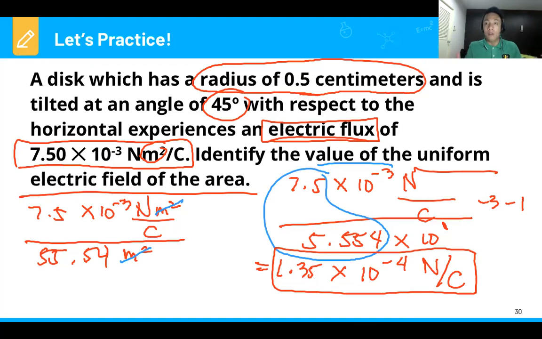Pwede mo namang balibalagtarin yung formula, hanapin mo si area, hanapin mo si electric field, hanapin mo naman si electric flux, diba? Hanapin mo si angle kung kinakailangan. So you have the formula na pwede mo siyang i-manipulate as long as you can understand the problem.